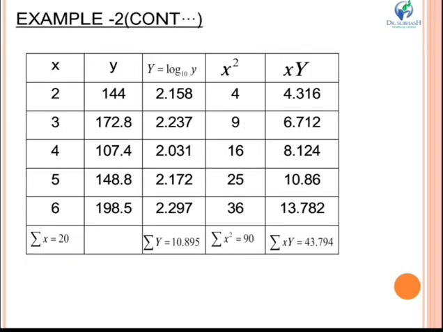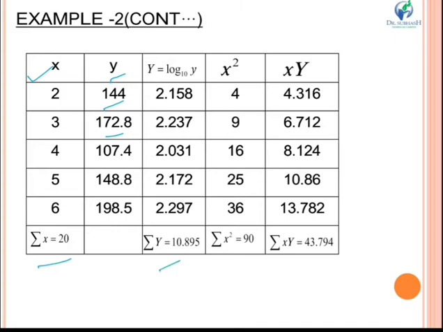I will construct a table where capital X will be small x as it is, and its summation is 20. I will convert y into logarithmic form. That means I will find the logarithm of each and every value of small y. I will find log 144, log 172.8, and similarly the values of all the terms.